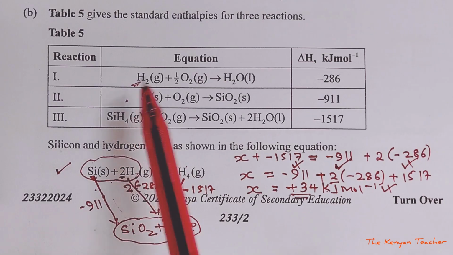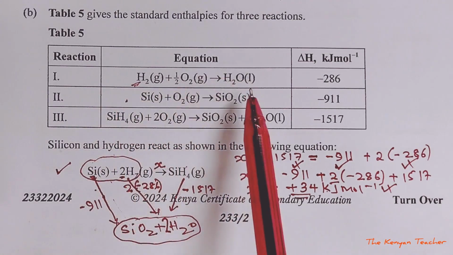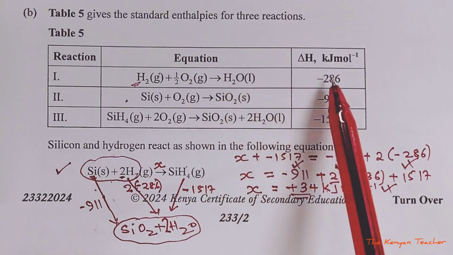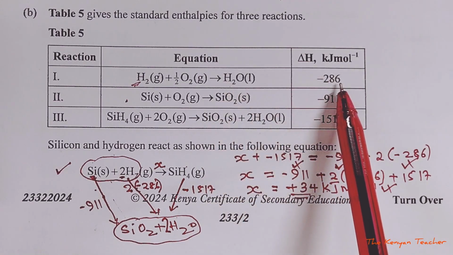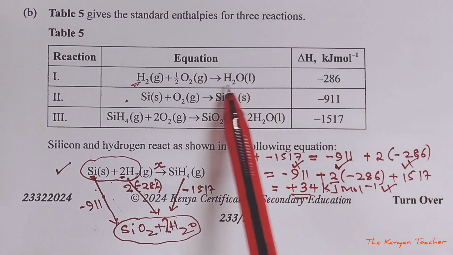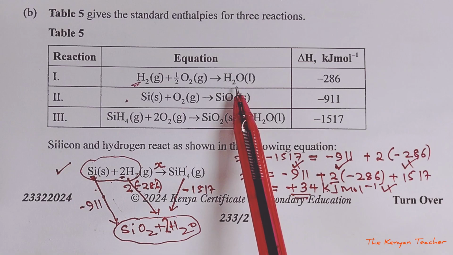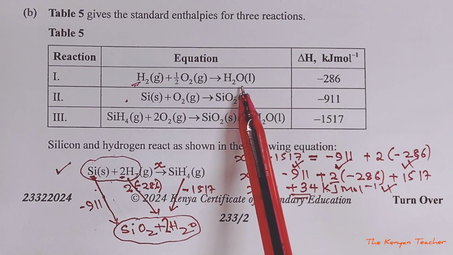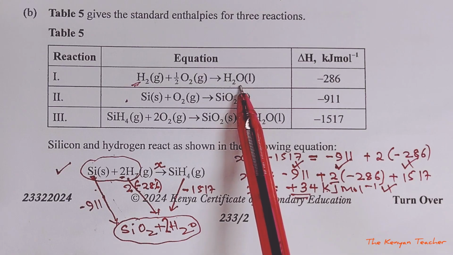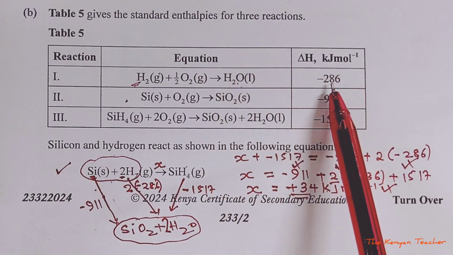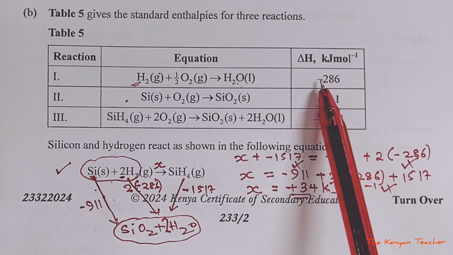If we look at table 5, we see that the molar enthalpy of formation of water is negative 286. I want you to take note that here we are forming only 1 mole of water, which should be equivalent to 18 grams. The question is asking us about 1 kilogram. So we can easily relate 18 grams to 1 kilogram versus the amount of heat involved here.